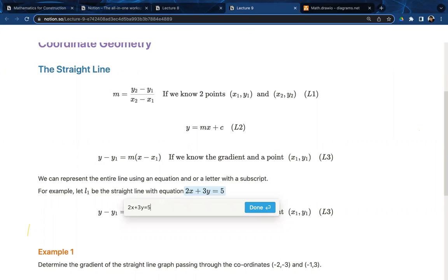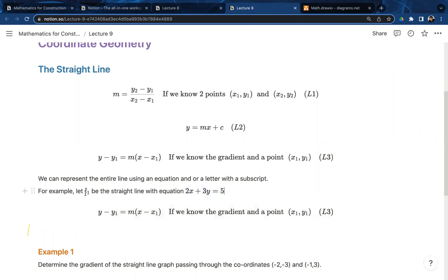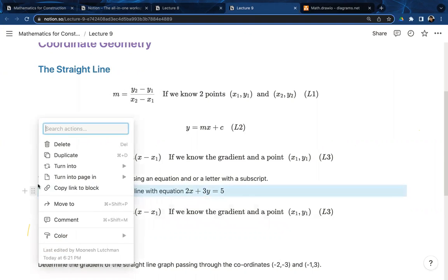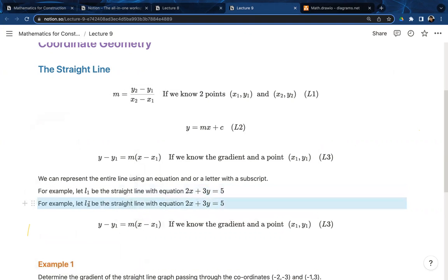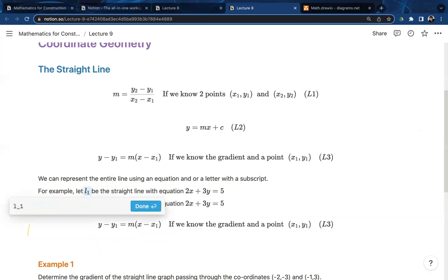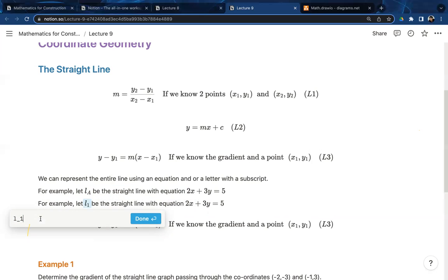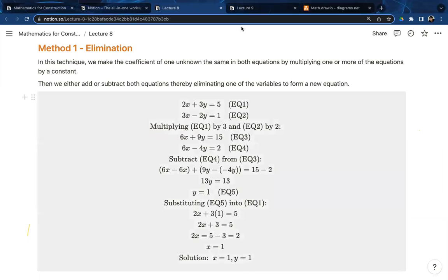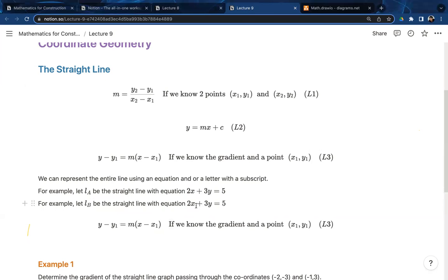Right? L could be this line here. To duplicate this, that's L1, L2. Or we could even use letters. We could say this is LA, right? And this is LB. And this could be the other line here, which is 3x minus 2y equal 1.